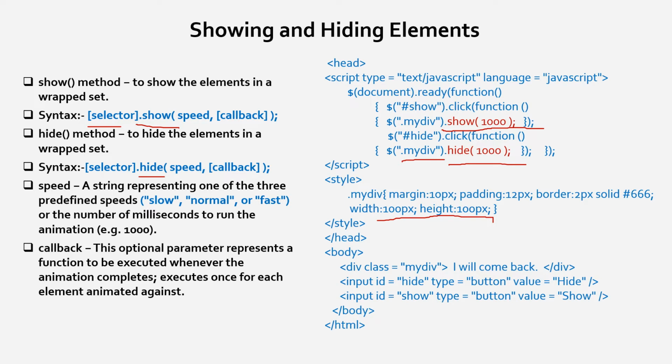The class name is my div, which is written over there in the box itself. So that will be executed. Keep on pressing show, hide, and accordingly that will be executed, in the sense that it will be displayed. This is about show and hide methods in jQuery.